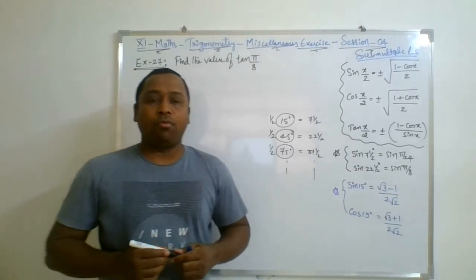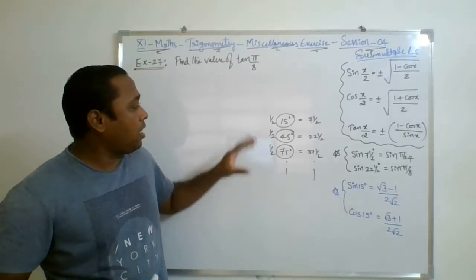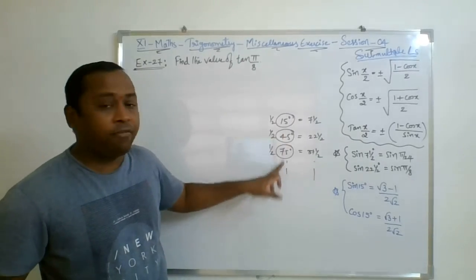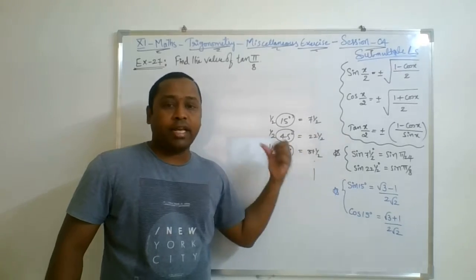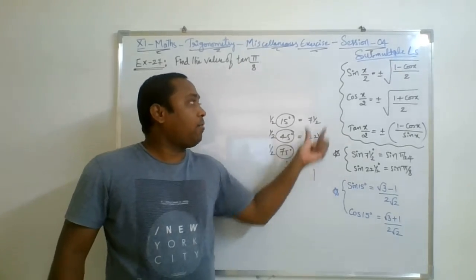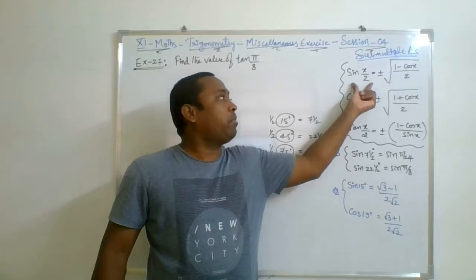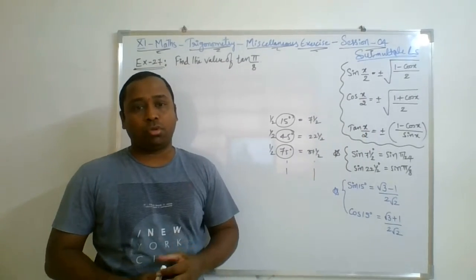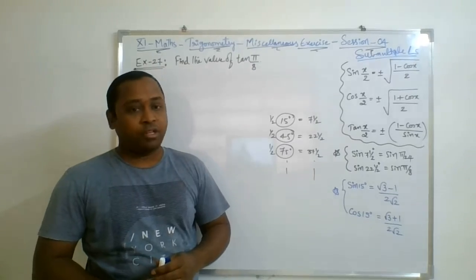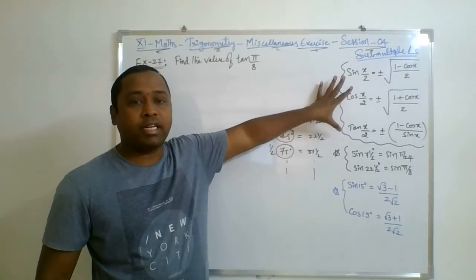So when you want to find values at half of multiples of 15 degree, you require the submultiple angle formulas to simplify those questions in a short way. That is why these formulas are derived.